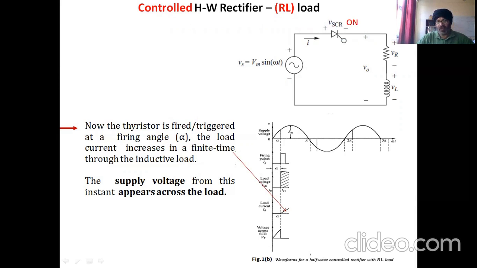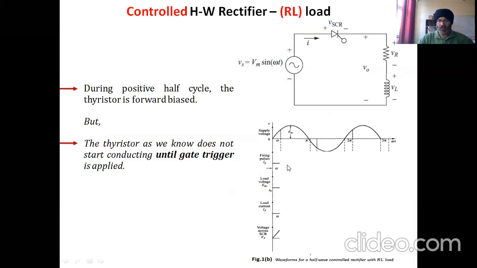First condition was that the thyristor must be forward biased. Second is that the gate current should also be applied in order to turn the thyristor on. So now in the first one, it was only forward biased. So condition 1 was fulfilled.